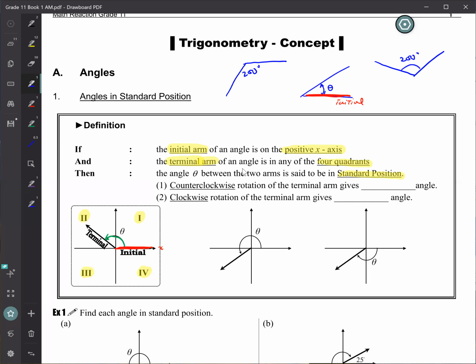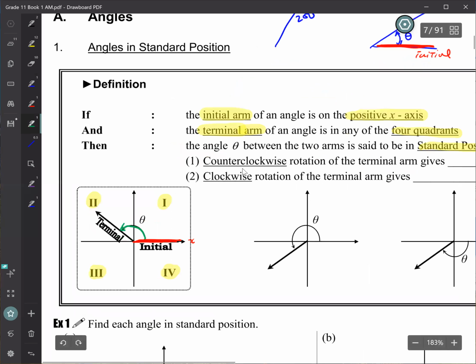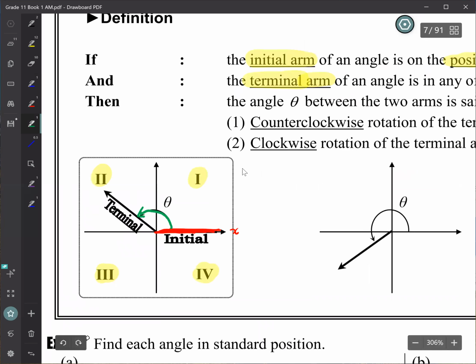Now for turning the terminal arm, there are two directions. If you turn the green way, the arrow this way, this is the positive way. If you turn the other way, I'll draw with the blue. Oh, it's not showing blue. Okay, blue.